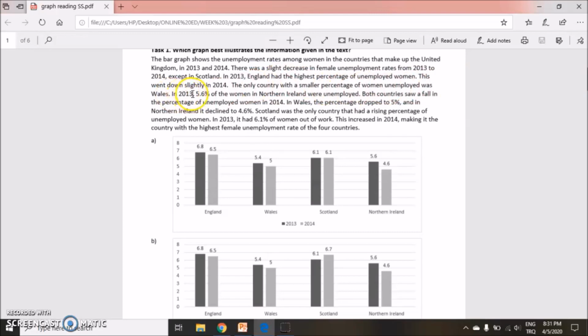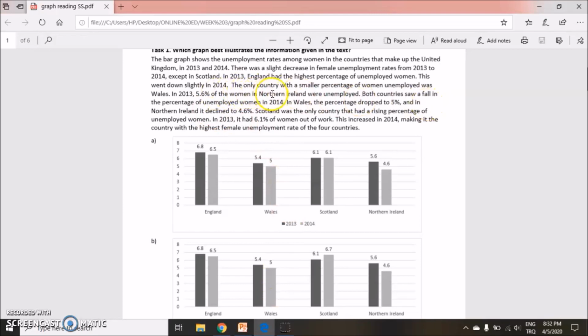In 2013, 5.6 Northern Ireland. Here the same. And then in Wales, percentage dropped to 5%. Here, 5. So in both charts, until now, all the information is the same.